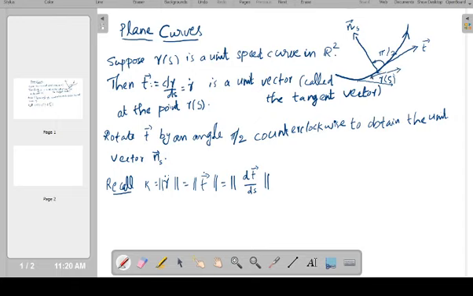And at this point, the unit tangent vector is this T. So this unit tangent vector rotates, and I want to study the rotation of this unit tangent vector T, and that will give me the curvature. That's why I am picking this unit vector, vector n s.